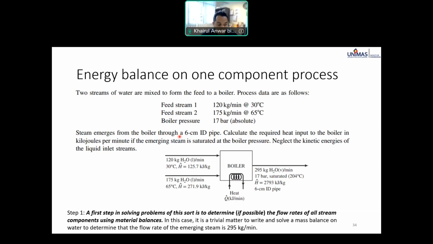In this case, it is a trivial matter to write and solve a mass balance on water to determine that the flow rate of the emerging steam is 295 kg per minute. So the 295 kg per minute is based on the mass balance. We add these up and we get 295.